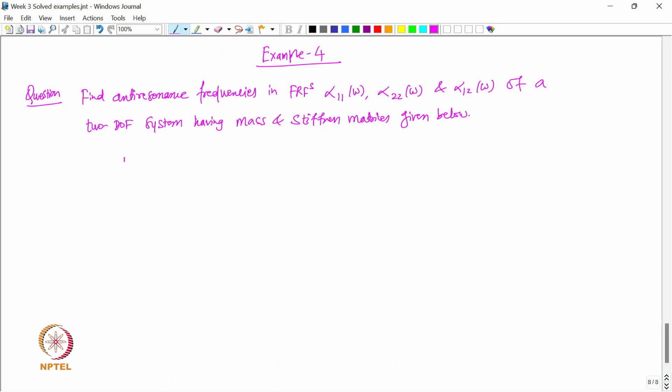So, the mass matrix is 4 0 0 7 and the stiffness matrix is 20,000, minus 20,000, minus 20,000 and 80,000. Let us solve this problem.